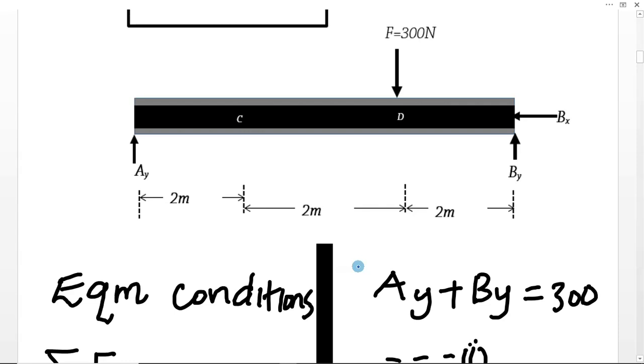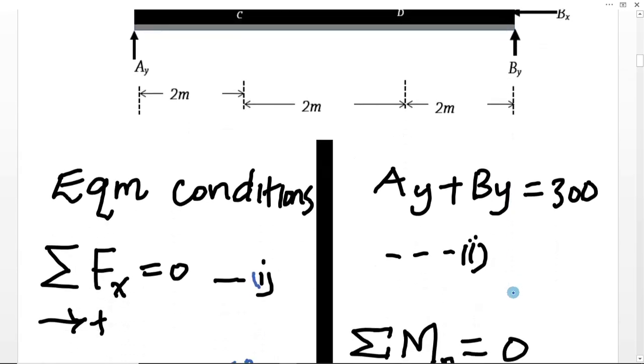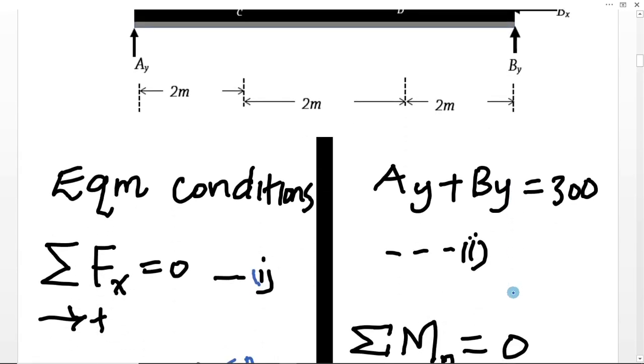In other words, they should be balancing, which means that the upward forces should be equal to the downward forces. We have upward forces Ay and By, so Ay plus By should be equal to 300, which is the vertically downward force.